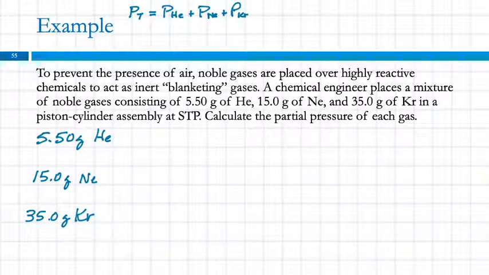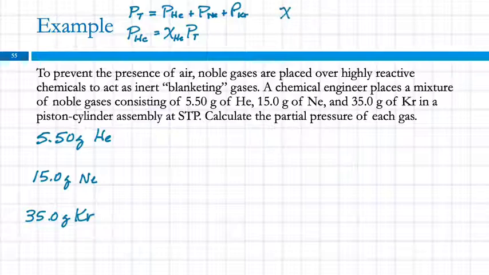Right? That's Dalton's law. And we also learned that the partial pressure of any gas in a mixture, we'll just do helium because it's first, is equal to its mole fraction times the total pressure. And then, what the heck was the mole fraction again?